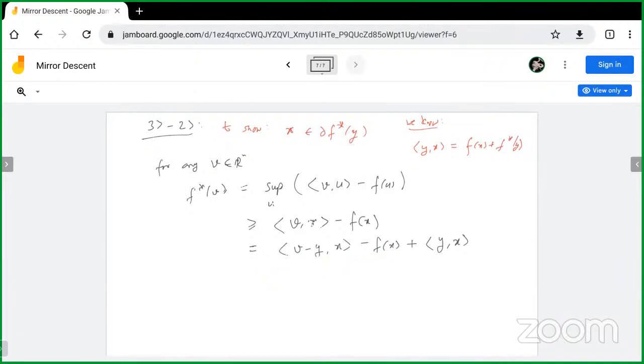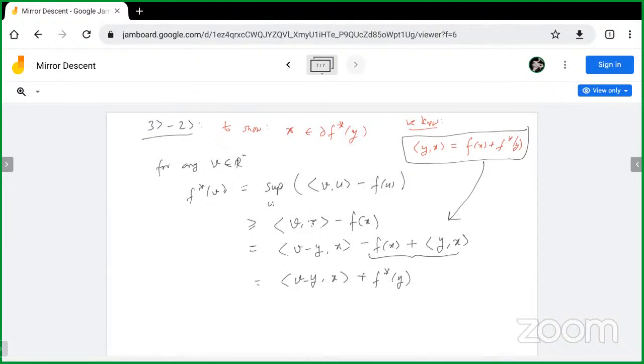Now I use this equality here, so this is the inner product of v minus y and x plus f star of y. And now I'm done. Clear?